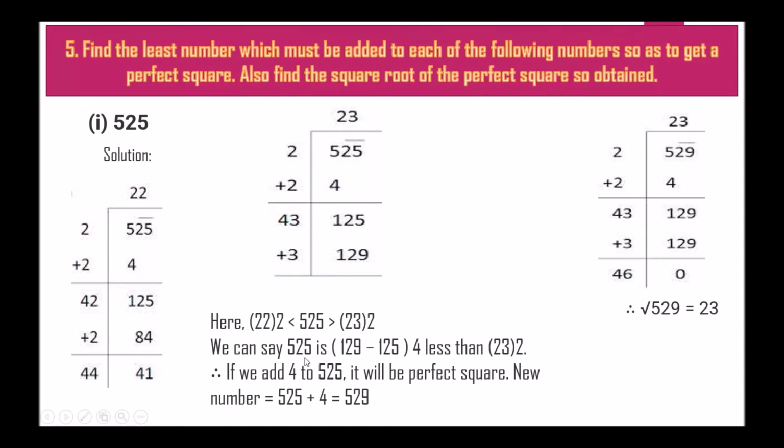So we can say 525 is 129 minus 125, that is 4 less than 23 square. So if we add 4 to 525, we will get a perfect square. That is, the new number is 525 plus 4, that is 529.